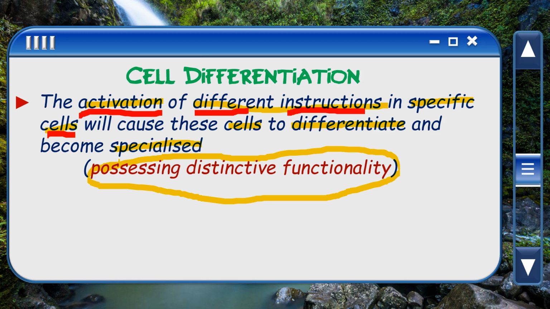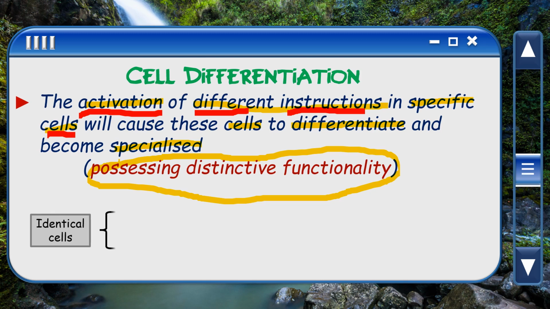The activation will be at a specific point, and particular genes are the ones that are going to be activated in those types of cells. And then we shall say that the cell is differentiating.